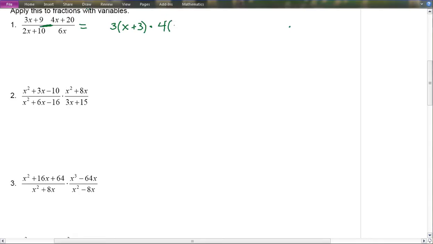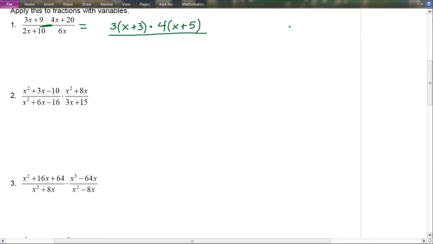So 4, taking it out of 4x, when you divide it out, you just have x left. When you divide it out of 20, you're just going to have a 5 left. Okay, so the top part of your fraction is now simplified into 3 times x plus 3 times 4 times x plus 5.